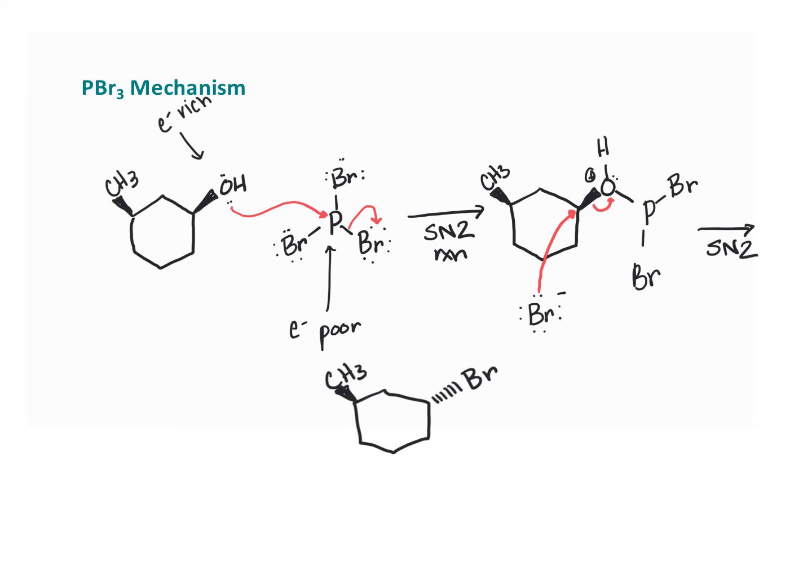Now, I would love to say that this was the best mechanism ever and there were no limitations, but there are some limitations here. So recall that nucleophilic substitution reactions generally do not occur when a leaving group is on an sp2 or an sp hybridized carbon. And the same is true for these reactions involving phosphorus trihalides.